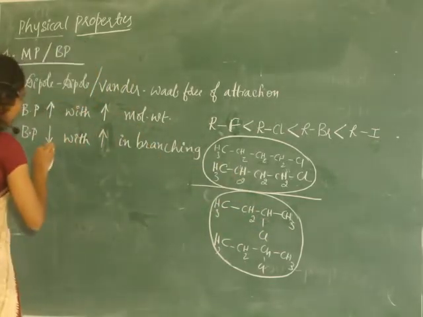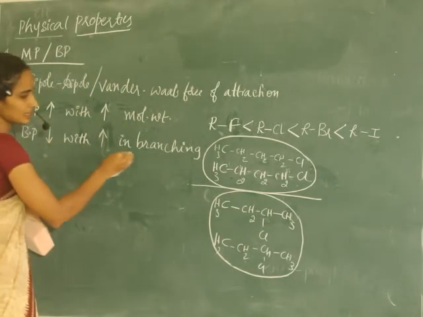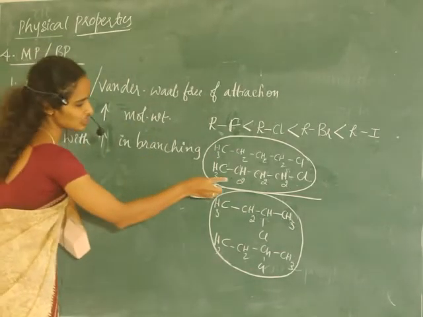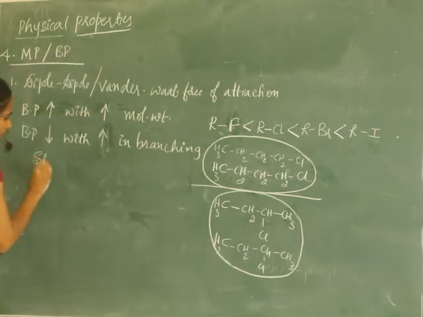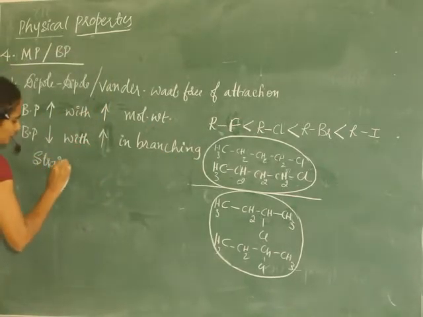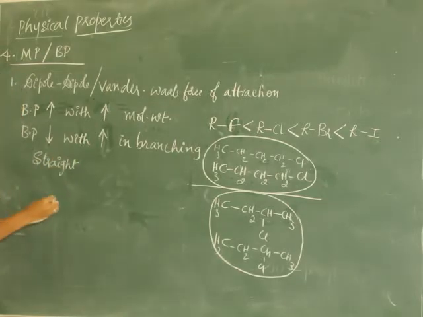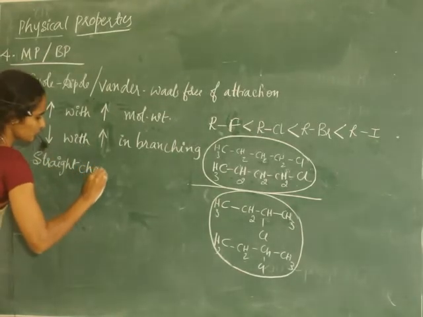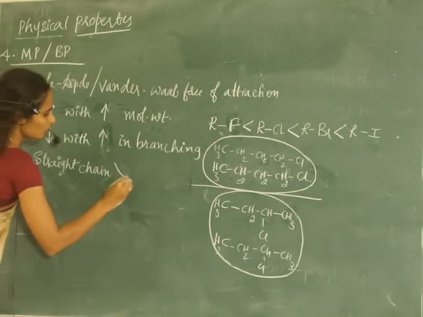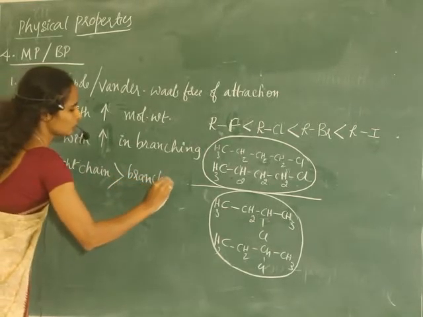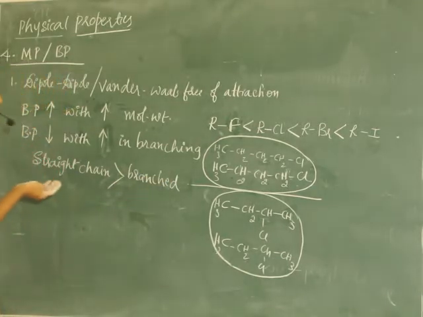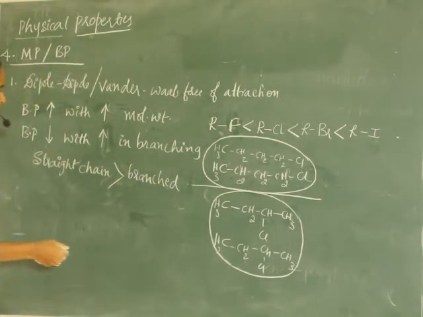Hence, boiling point decreases with the increase in branching. Straight chain compounds show a greater boiling point than branched ones, due to surface area; van der Waals force of attraction will be less in branched chain compounds.